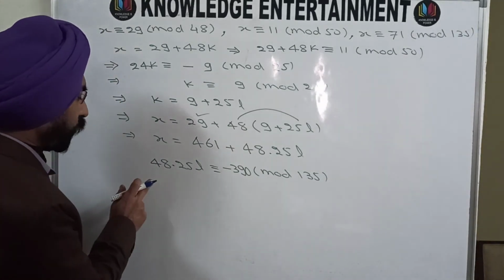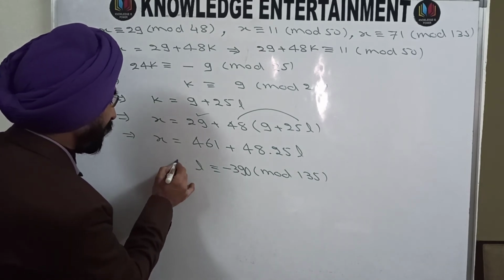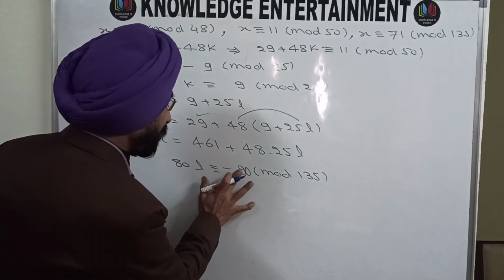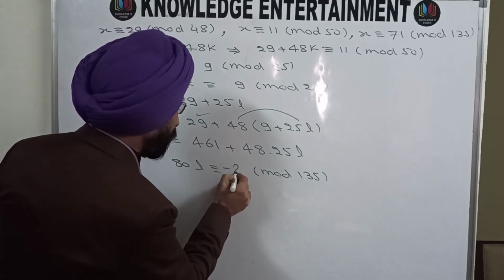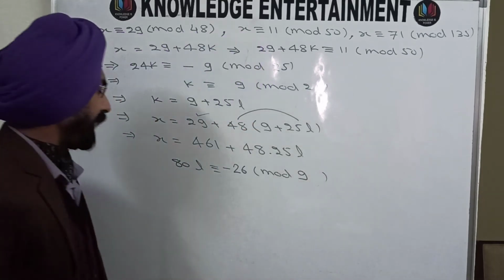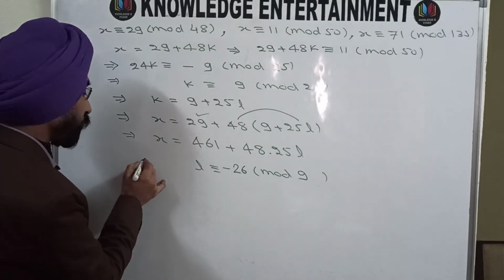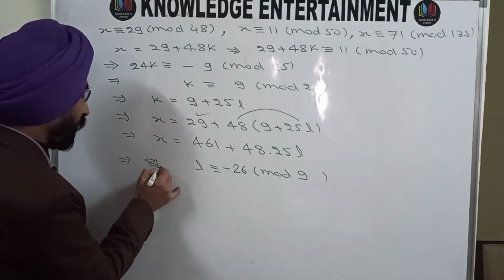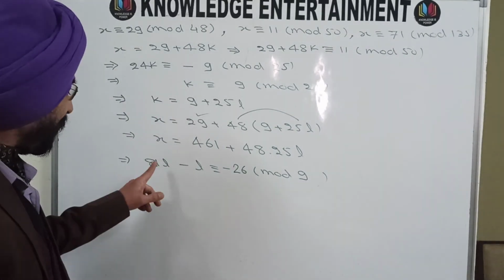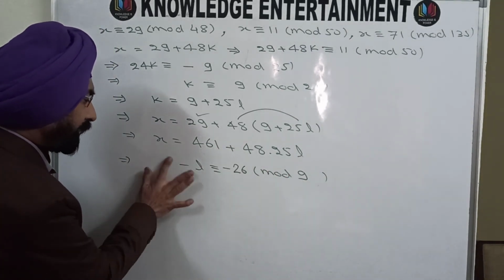So dividing by 15, what you are going to get from here, 16 into 5 is 80. So it is 80L. 80L is congruent to, divide this by 15, you will get minus 26. So minus 26, and divide this by 15, you will get 9. So it is modulo 9. Once again, this 80L you can write as 81L minus L. And 81L is a multiple of 9, so it can be omitted, it can be deleted.